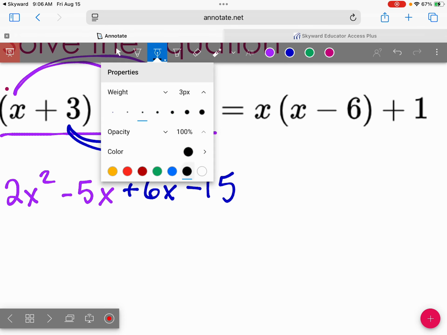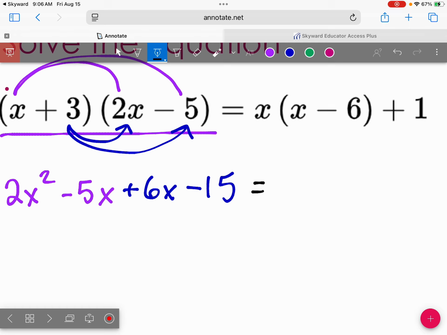I'm going to also simplify the right-hand side because I don't want to have to write things 5 million times. On the right-hand side, we also have a distribution. It's just a single distribution, not a double. So we're going to have our x times x giving us an x squared, and an x times minus 6 giving us minus 6x. And then that plus 1 is just kind of tacked on the end. I'm going to change it to a different color.